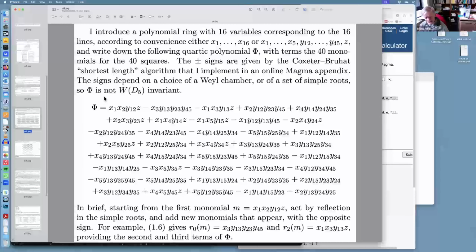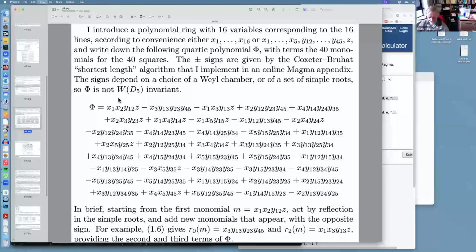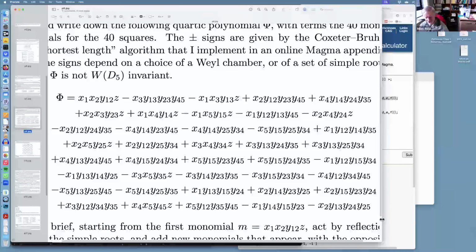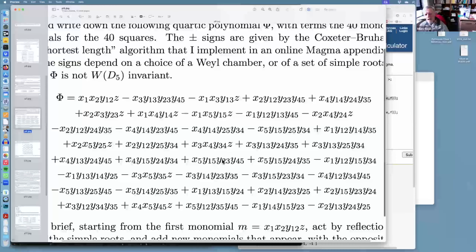Yes? So I write down this polynomial, which is just the sum of the 40 quartic monomials I come by running around one of the squares.